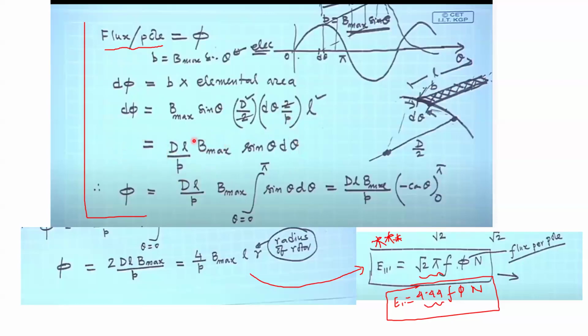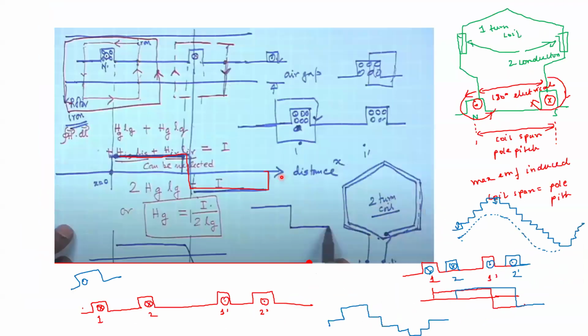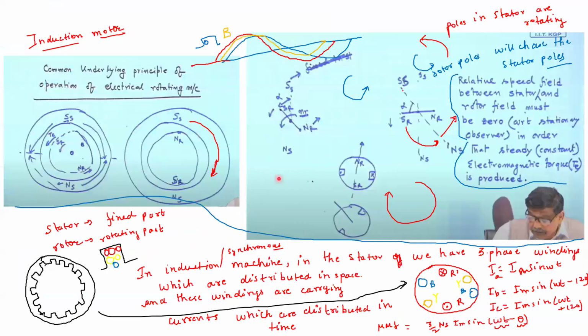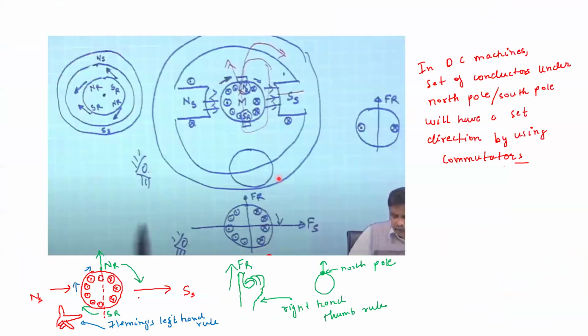Now we have to integrate it over one cycle. Because it is repeating every half cycle, we integrate it from 0 to pi.